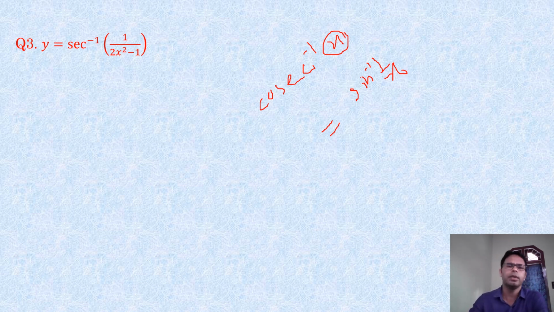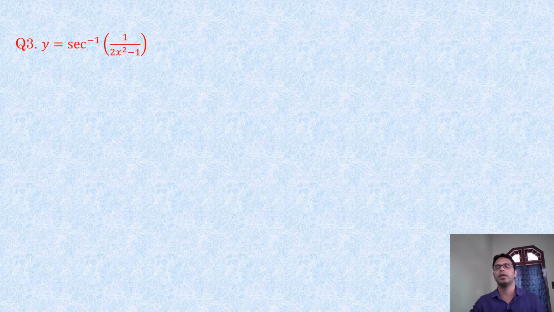Similarly, sec inverse x can be written as cos inverse 1/x, or cos inverse x as sec inverse 1/x. That means the inside term must be written as a reciprocal, that is the concept. The outer function becomes the reciprocal, just like sin theta is equal to 1/cosec theta, which you know. But for the inverse, the inside term must be written as a reciprocal. You will learn the reason in detail in the chapter on inverse trigonometric functions.